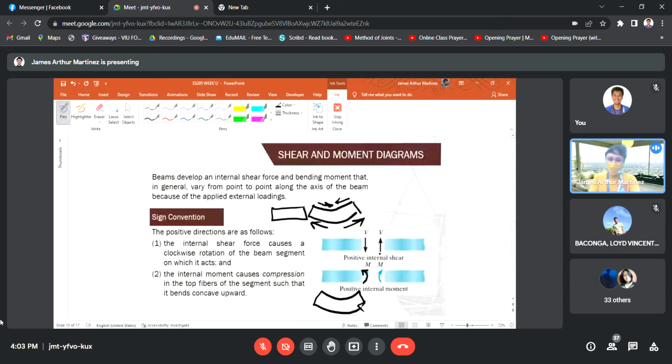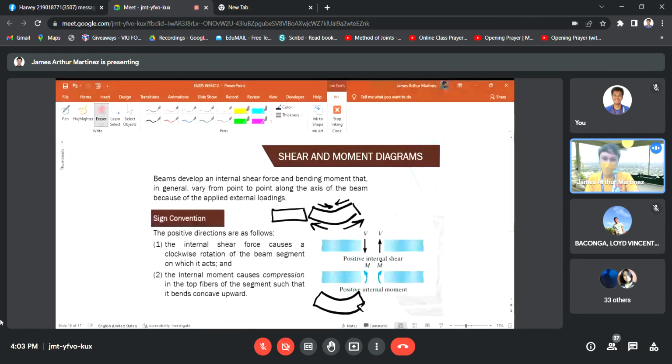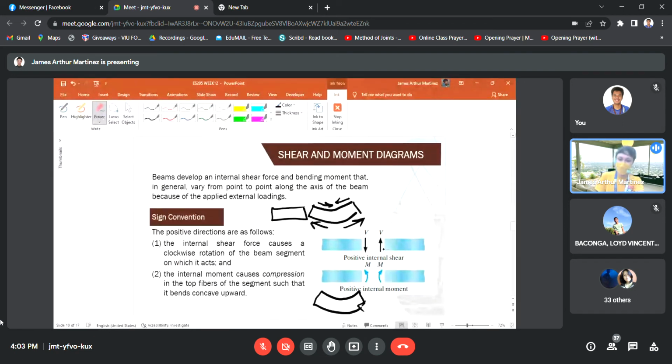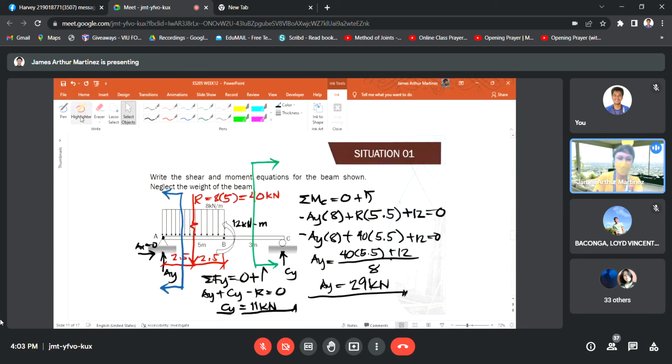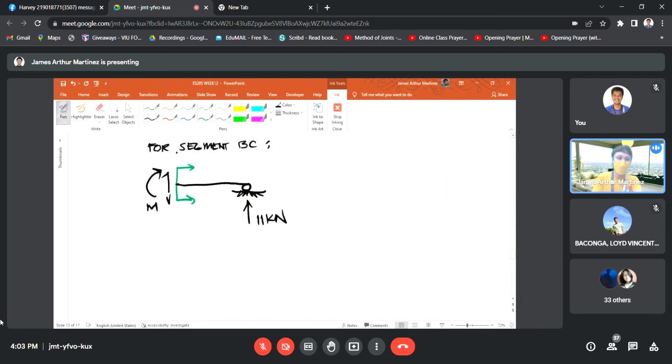From sign convention, if we analyze the right side part, then the direction of our internal shear is upward and the rotation of our internal moment is clockwise. In the given figure, there is no other applied load, so on the right side only the 11 kilonewtons is the force to consider.